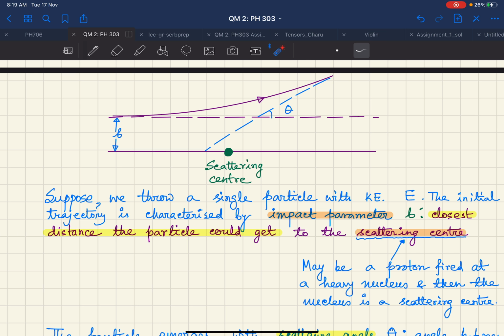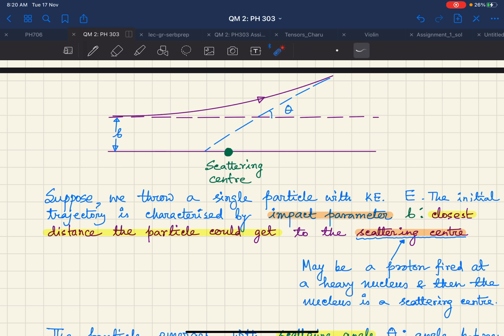Now this is your changed trajectory because of the presence of this scattering center. This is your ingoing. But if this scattering center was not there, then this would have been the trajectory which this particle would have followed.